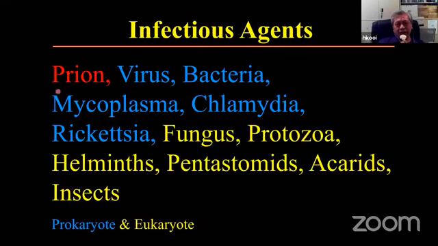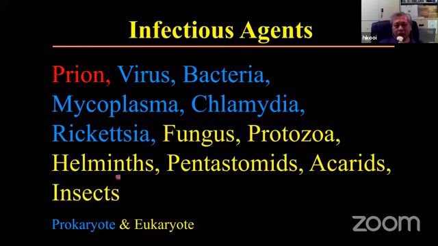Okay, infectious agents: we have prions and then all these viruses and bacteria. These are all the infectious ones. For example, I will ask the student, what's the difference between bacteria and mycoplasma? It's the cell wall. Like rickettsia is transmitted by arthropods. Rickettsia is a gram-negative bacteria, right?